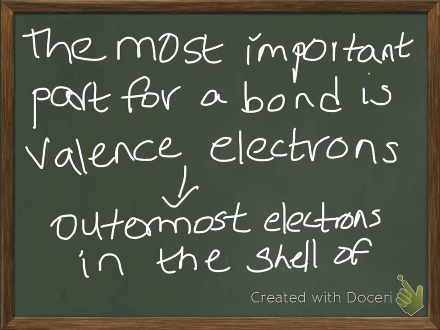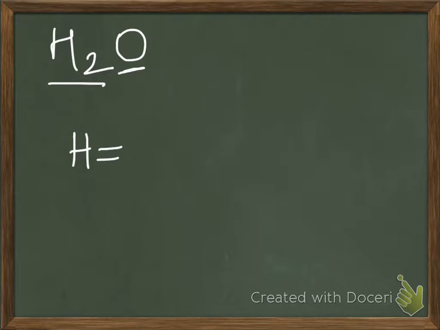Now let's get back to H2O, which is nothing but water. You can see there are two hydrogen atoms and one oxygen atom. Hydrogen has a valence electron of 1 and oxygen has a valence electron of 6.